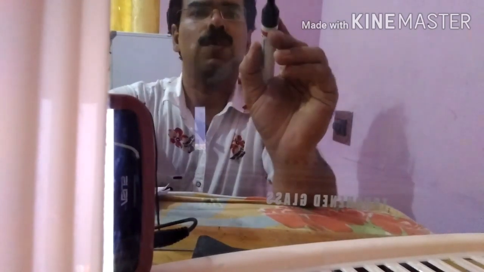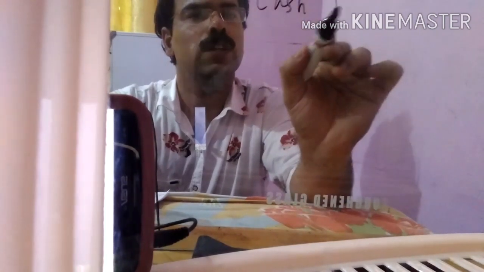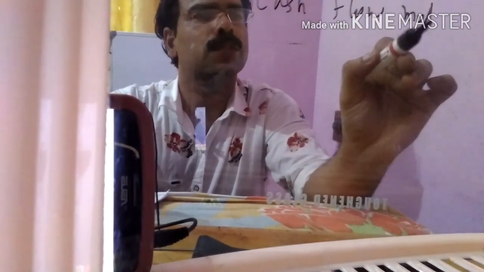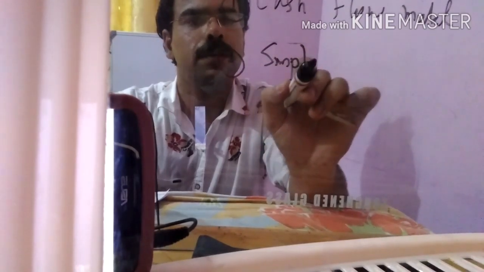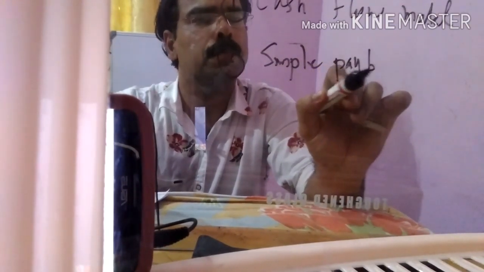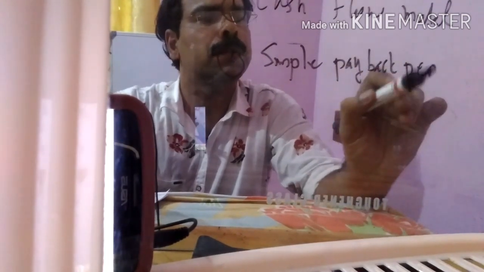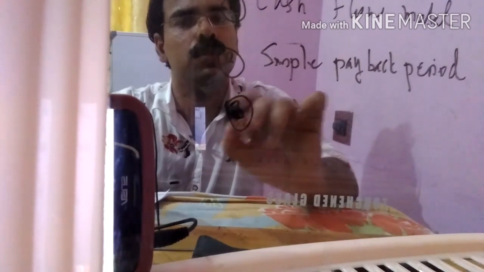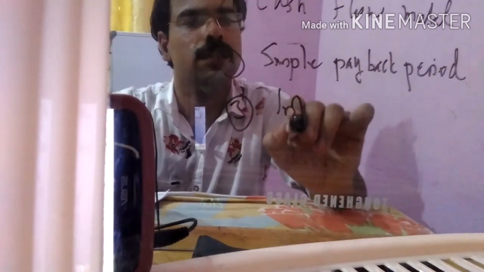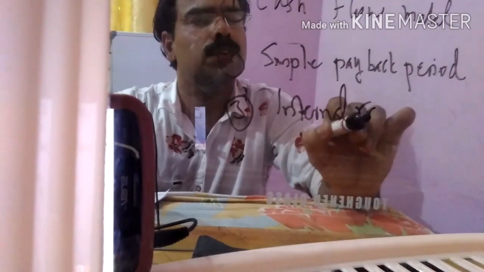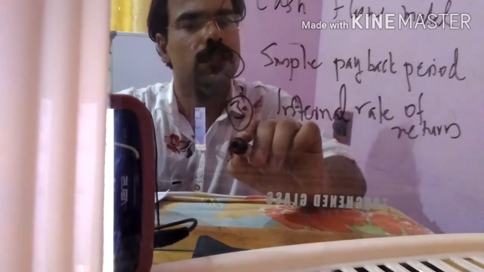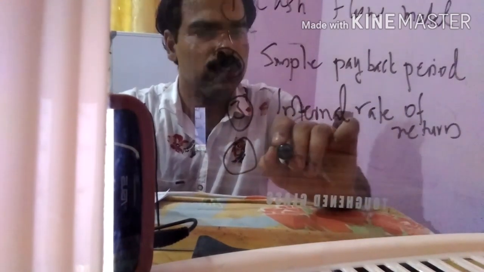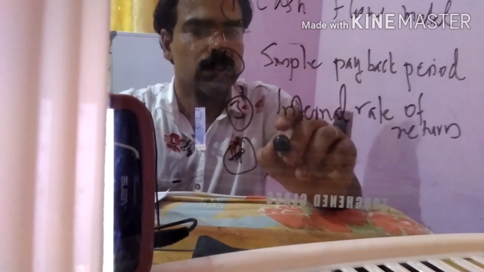First one is cash flow model. Second one, we need to discuss simple payback period. Third one, we need to go through the internal rate of return. Fourth one is time value of money.